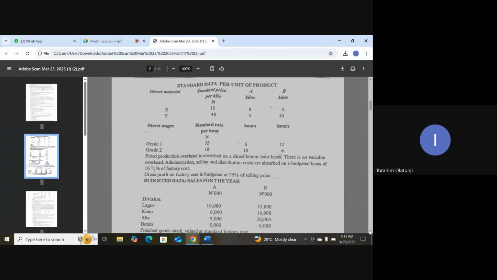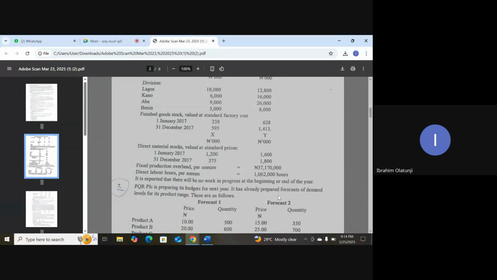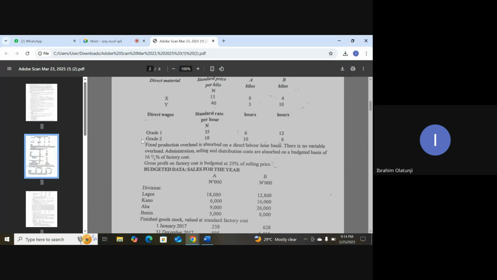Then, as a result of that, we look at where we need additional information. You can see we have additional information such as: production overhead is absorbed on a direct labor hour basis, and there is no variable overhead.